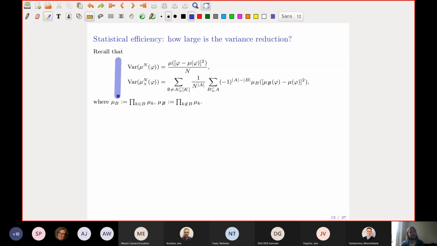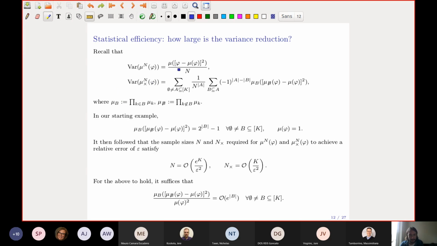These are the variance expressions for the IID estimator and for the product form one. So to gain a little bit of intuition, we can go back to our starting example. In that case, these terms here just turned out to be 2 to the cardinality of b minus 1. So all of this is dominated basically by 2 to the power of the cardinality of a, and then that gets penalized by n to the same power.